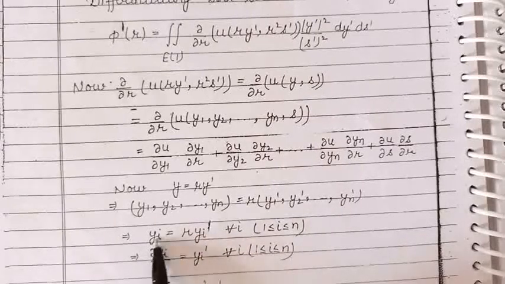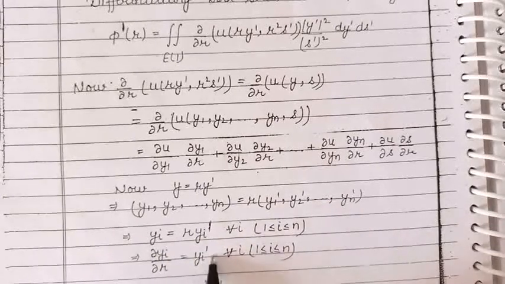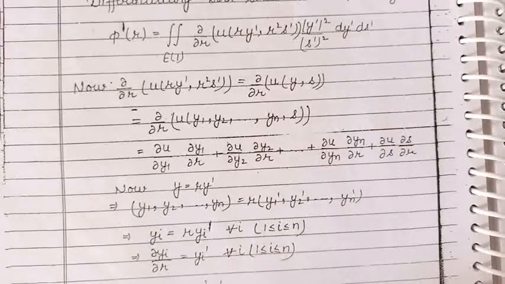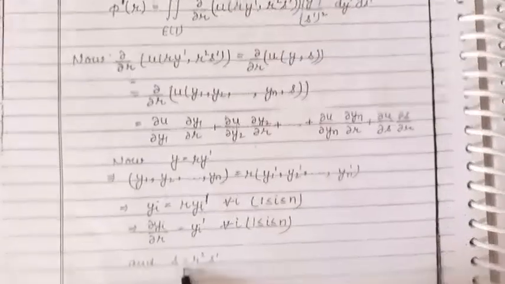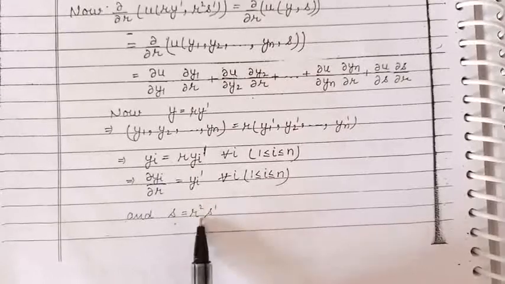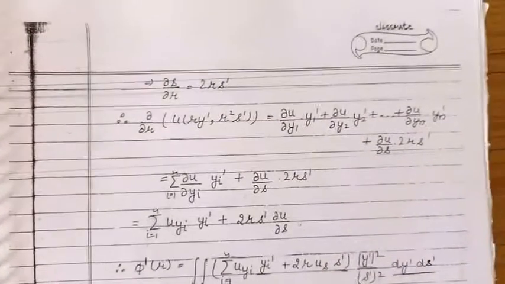Now if we differentiate both sides with respect to r, the partial derivative becomes ∂yi/∂r, and here we get yi dash. Now let us differentiate s partially with respect to r. The derivative of r square is 2r, so we get 2r into s dash.